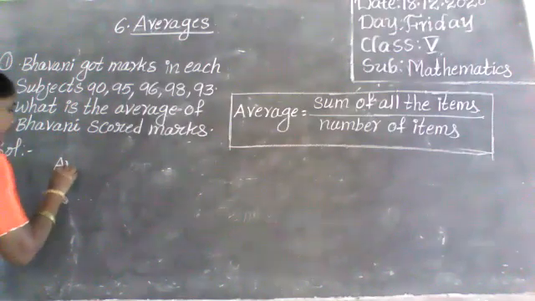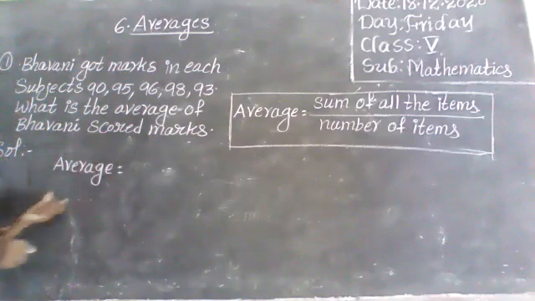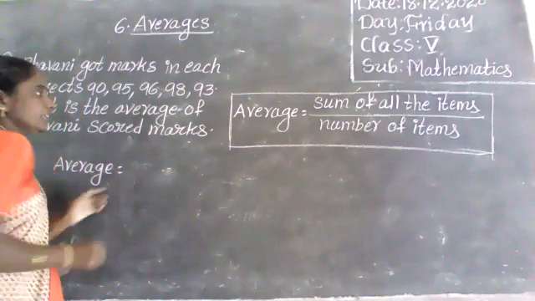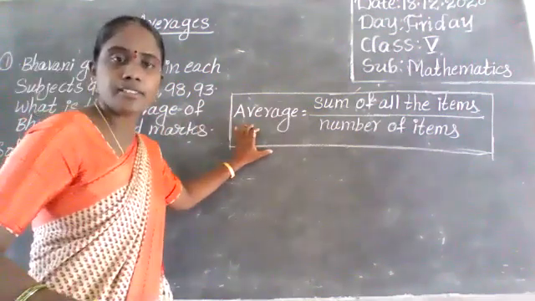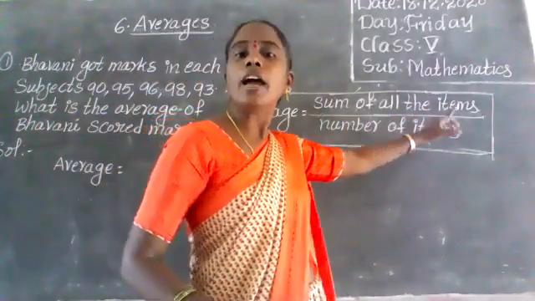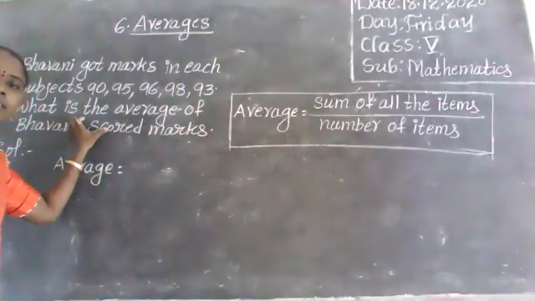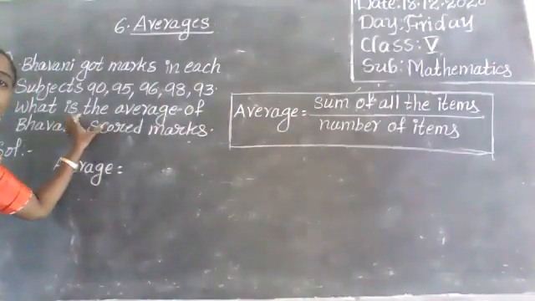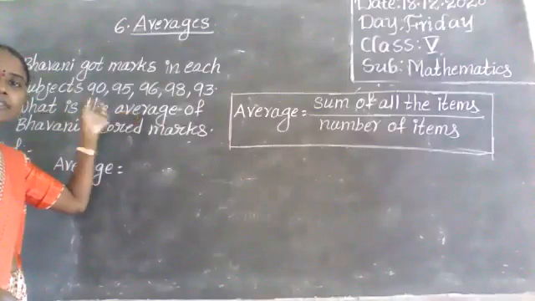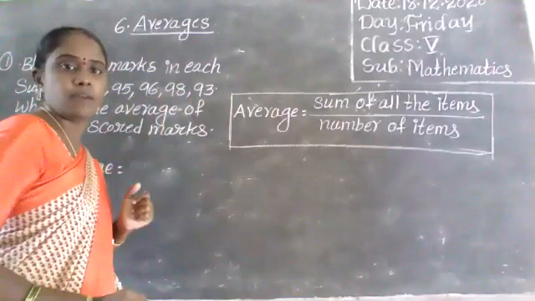First, write the formula of average. Here, the average formula is, we know already, sum of all the items. But here, in the items place we have to write marks. According to the question, each subject's marks are given.